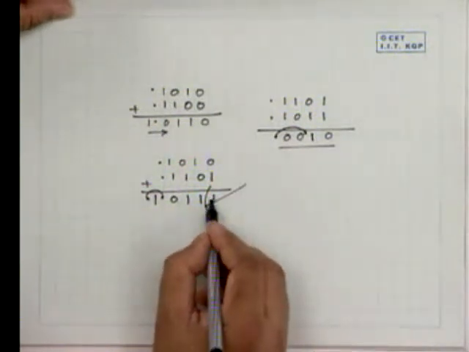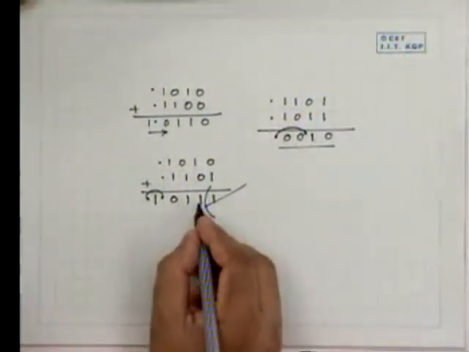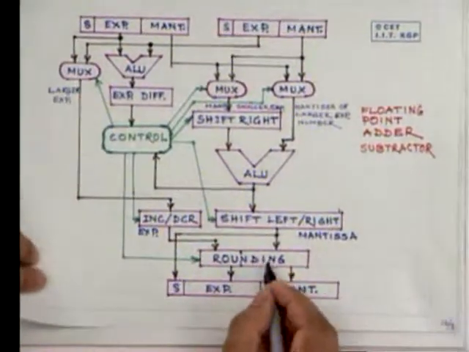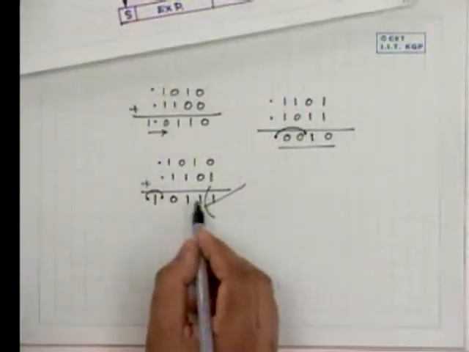Now, when we discard this bit, the previous bit has to be rounded so that the number can be represented to the nearest form.